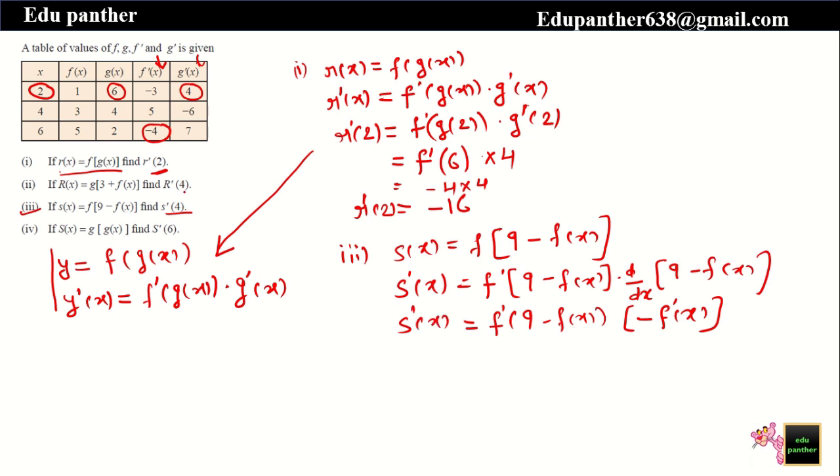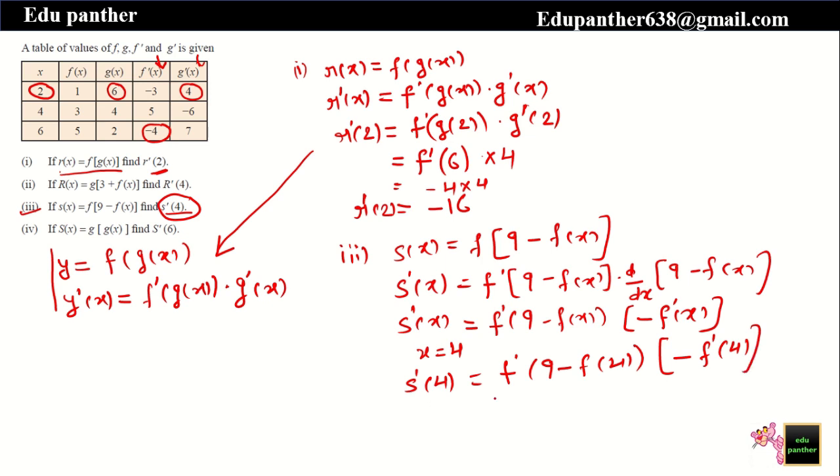Now we have to evaluate this derivative at point 4. So we'll substitute x is equal to 4 here. So it will give s dash of 4 is equal to f dash of 9 minus f of 4 into minus f dash of 4.